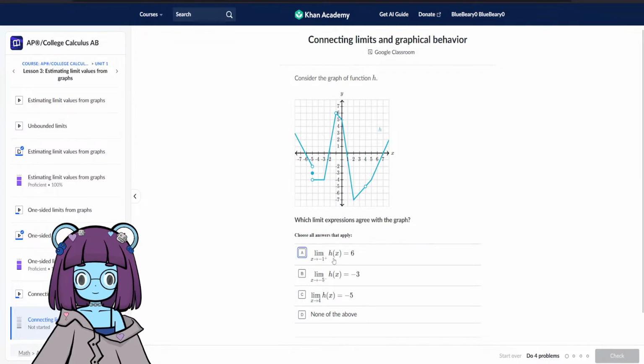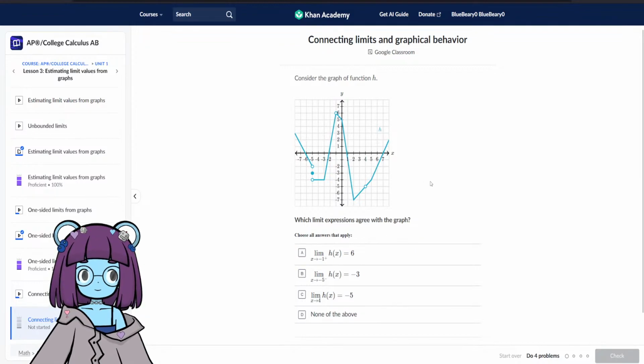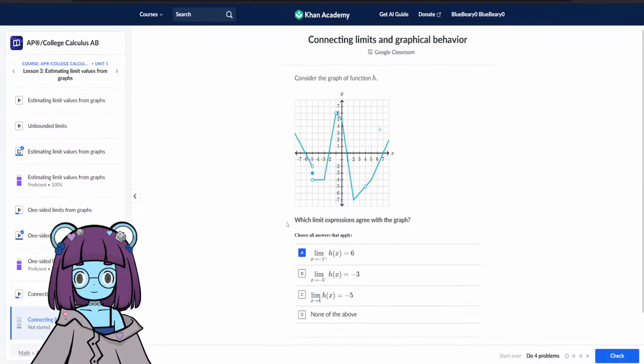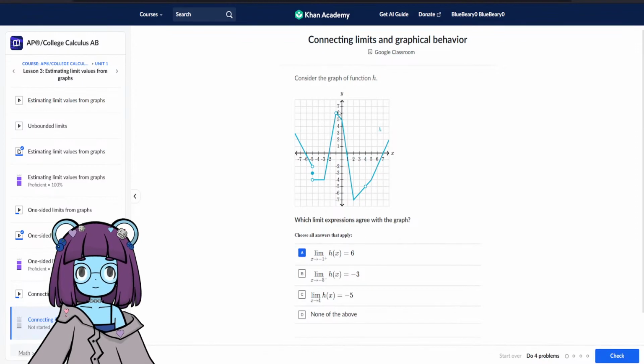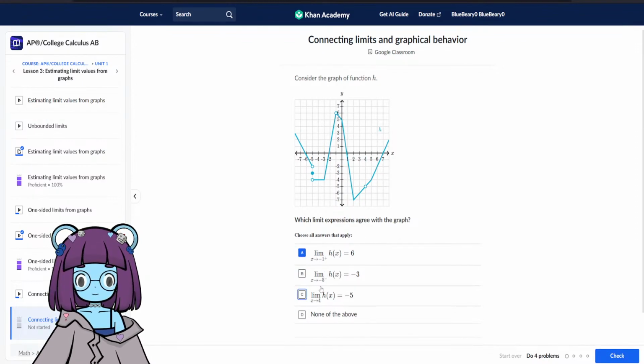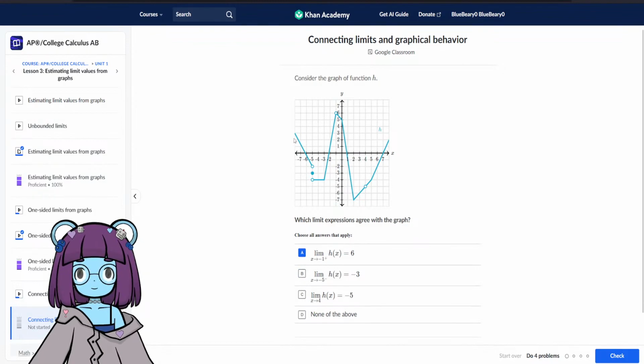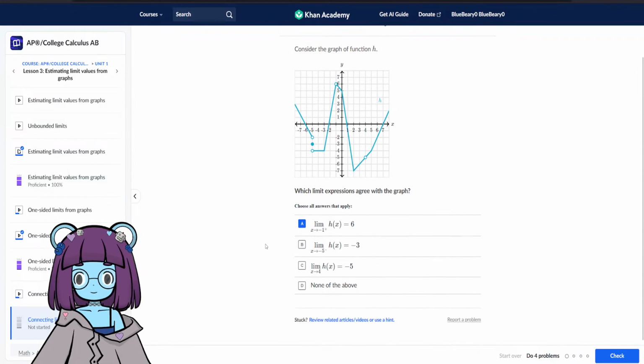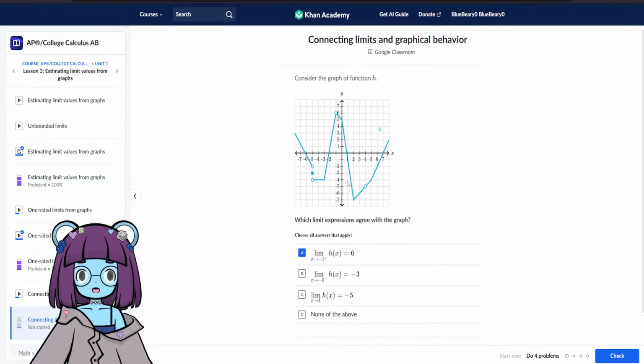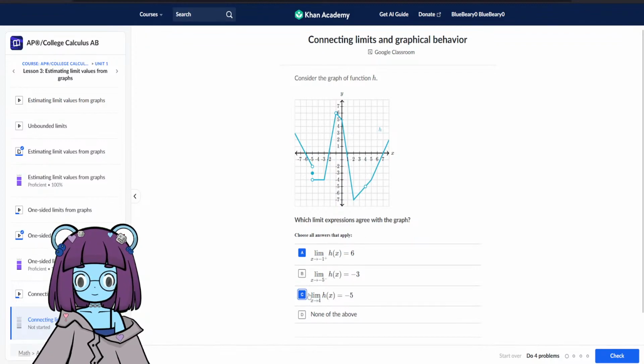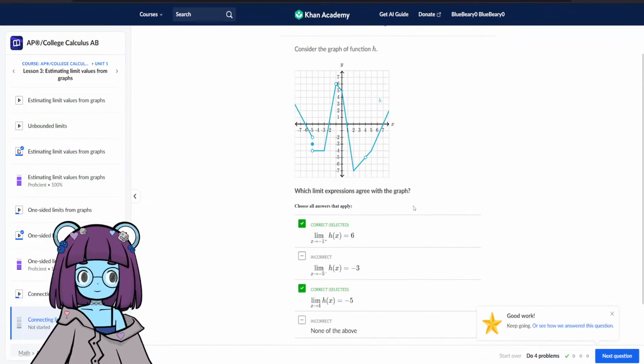It approaches 6, but it's not... wait, yeah, I guess it is. This limit does equal 6. The limit as x approaches -5 from the left is equal to -2. It's not 3, so that one's not it. Approaches 4 from both sides: from the left, -5, and from the right, it is also -5. So I think these two. Yay!